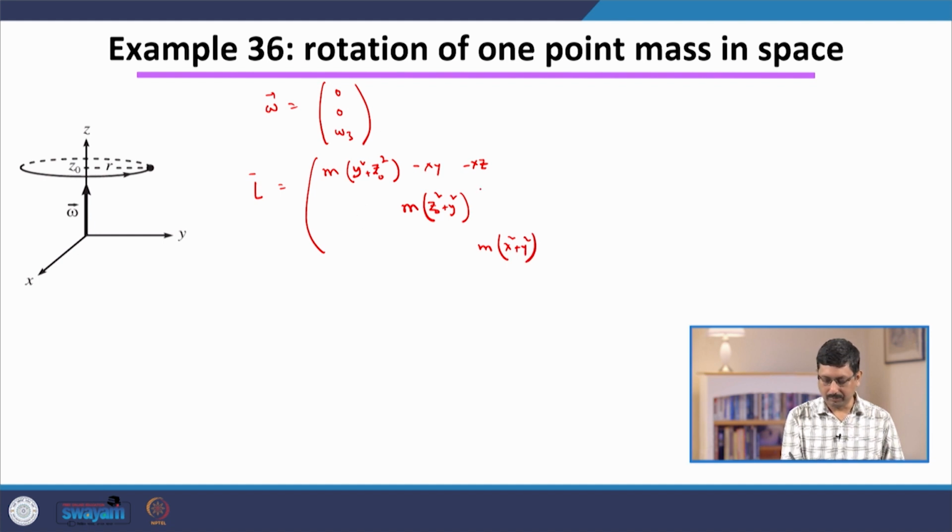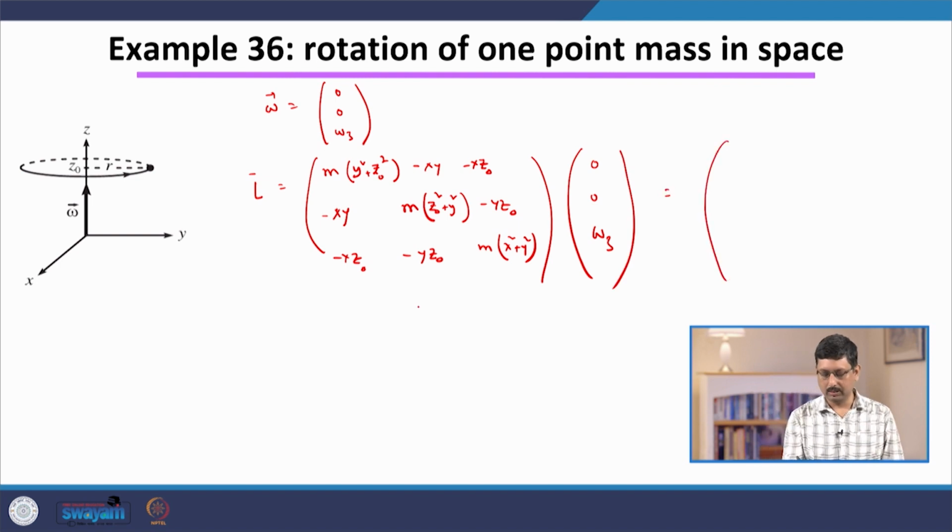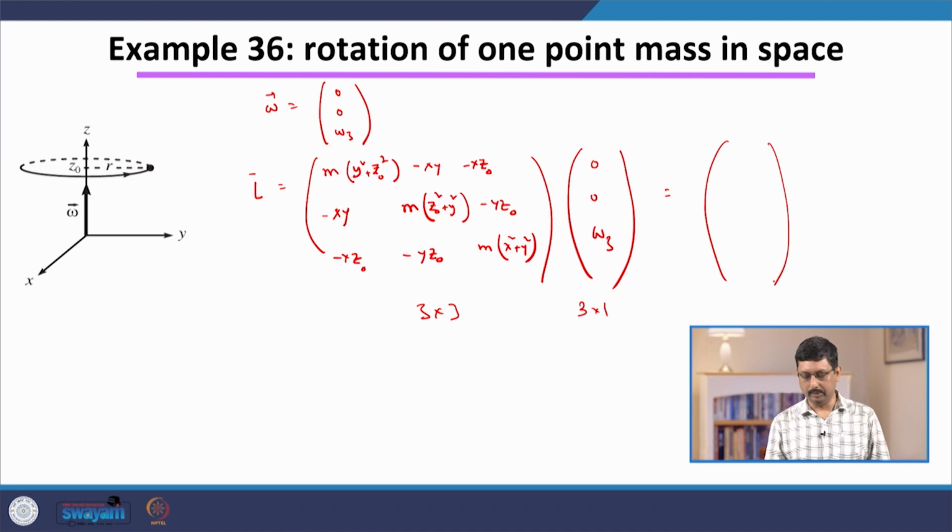Note that this is a symmetric matrix, so we need only 6 elements. So, this will be x z, this will be y z, this is y z naught, times 0, 0, omega 3. That gives us, so this is a 3 cross 3, this is a 3 cross 1. So, the resultant is a column vector, 3 rows and 1 column.